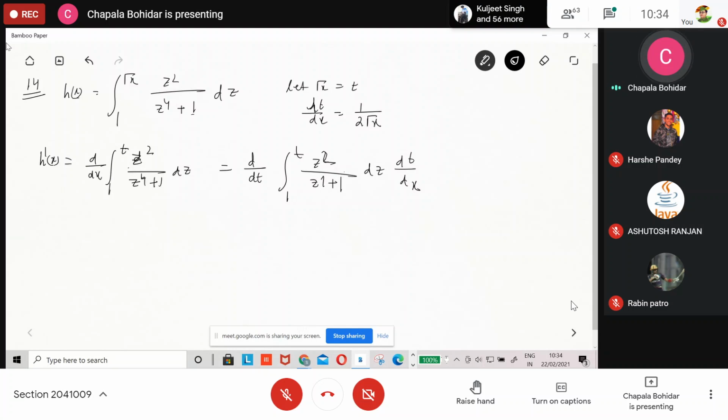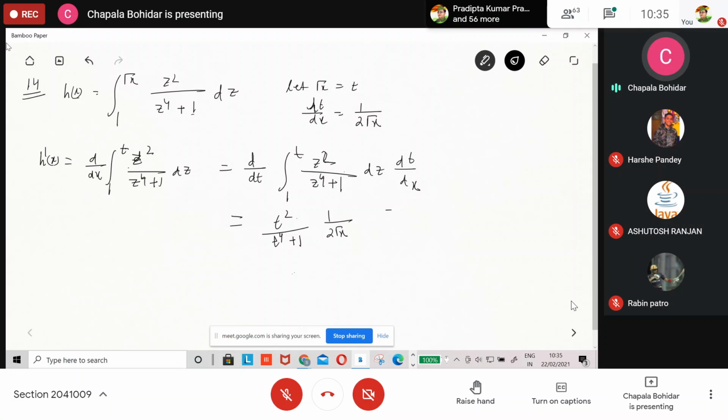Then this value is t square by t to the power 4 plus 1, and dt by dx I got is 1 by 2 root x.